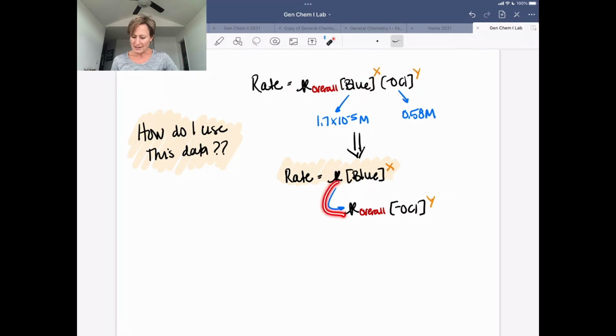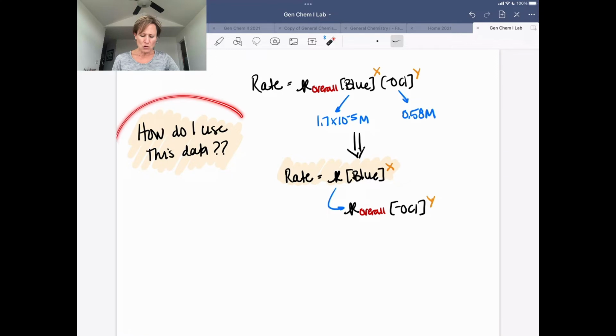So this rate constant is really equal to the overall rate constant times the concentration of the bleach raised to a power that reflects its order. Why is this important? This allows us to disentangle these two pieces so that we can use some experimental data to solve for X and other experimental data to solve for Y.